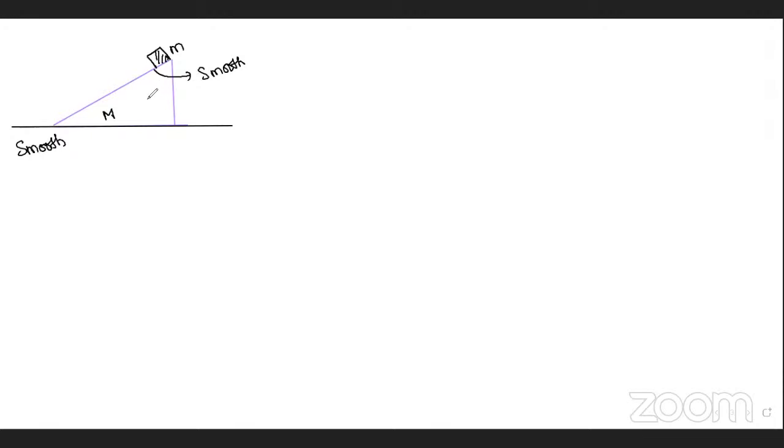In the previous class, we discussed: does the wedge move back or forward? Back. The wedge moves back. Wedge is moving means the person is on the mat. Person is small m, mat is capital M.